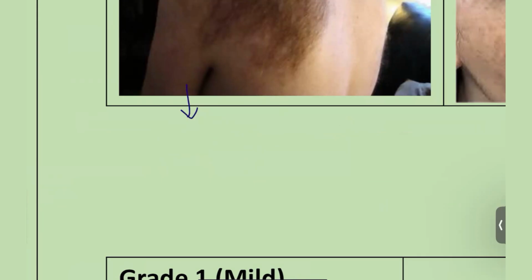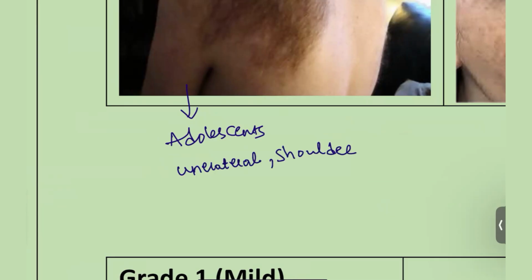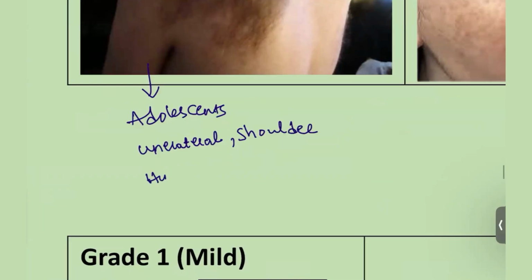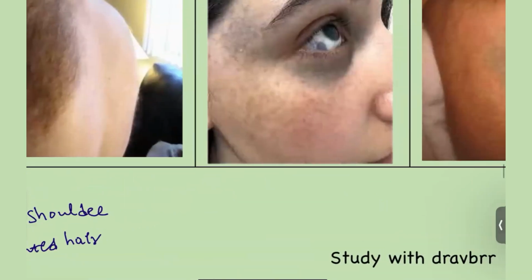Becker nevus is seen in adolescents and involves the unilateral shoulder region, with hyperpigmented hair. Hyperpigmented hair will be present in Becker nevus, most commonly seen in male patients.